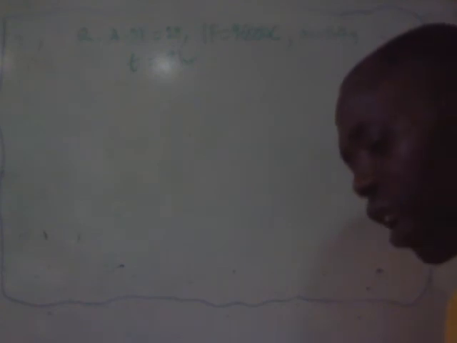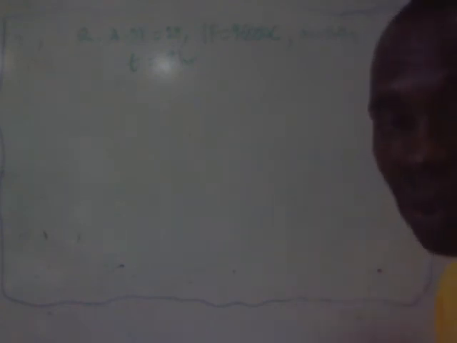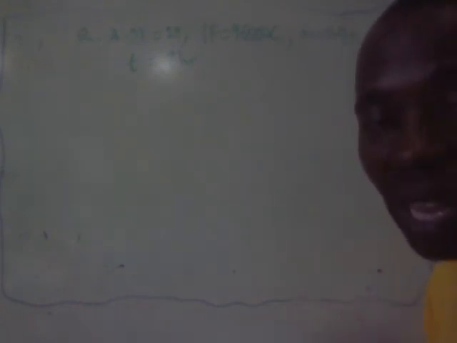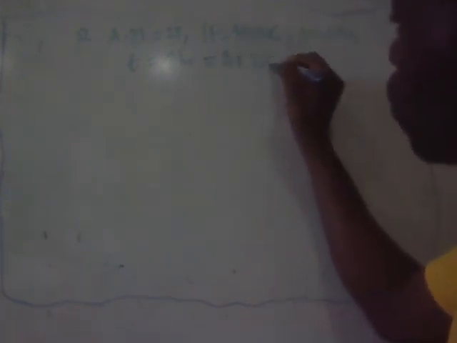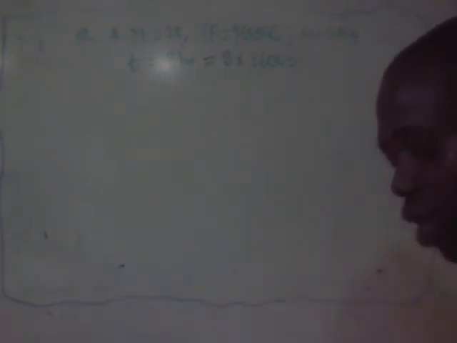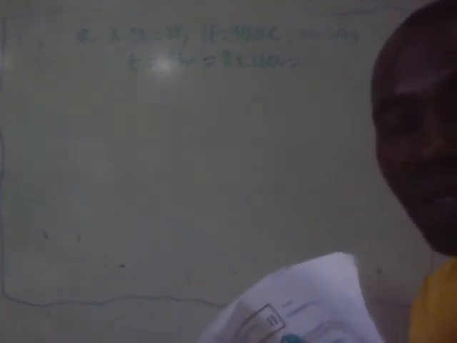So you convert your time to seconds by multiplying it by 3,600. That is 8 times 3,600, which gives us 28,800 seconds. So you have to convert your time to seconds.